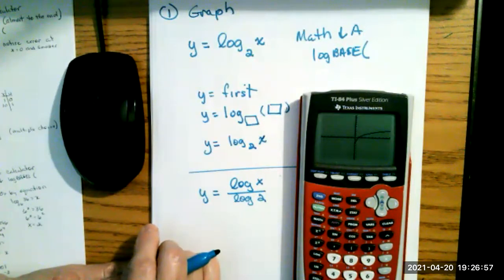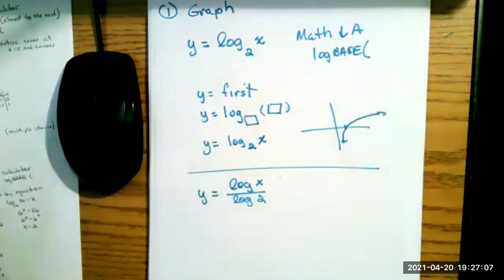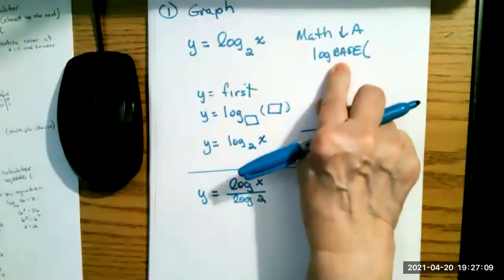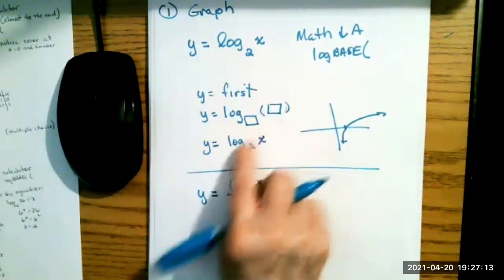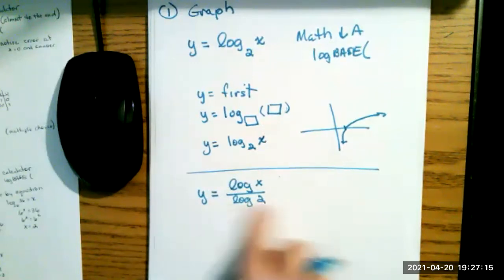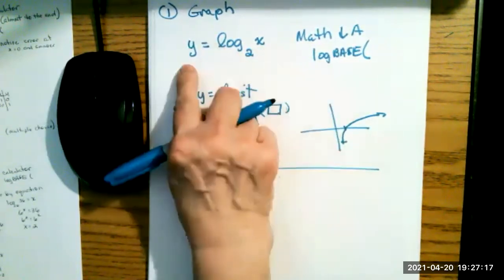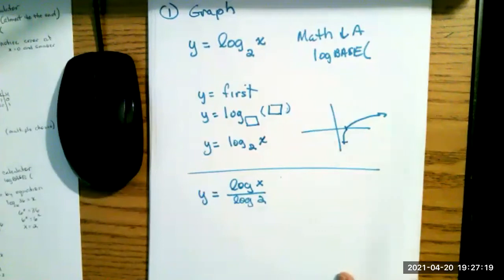Did you get the same picture? Yes, ma'am. Okay. So 2 ways to do it. You could use the math and the log base, putting it in just like this, 2 and the x, or you can do change of base, log x divided by log 2, and it'll get you the same picture.